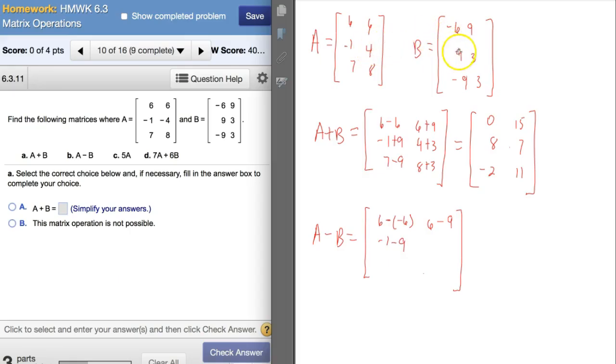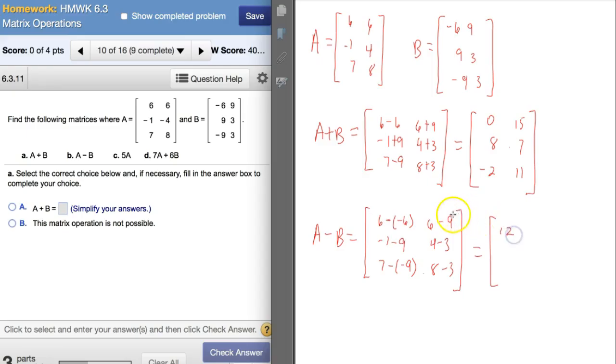Next, we'll have 4 minus 3. And then 7 minus a negative 9. And then 8 minus 3. And you see there, minus a negative is the same as addition.